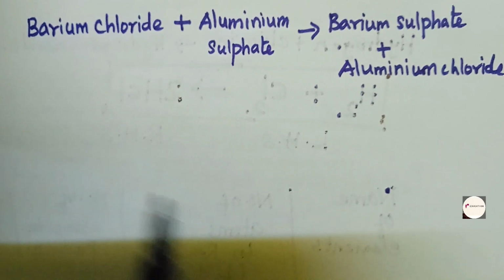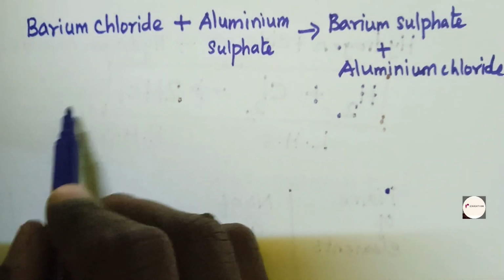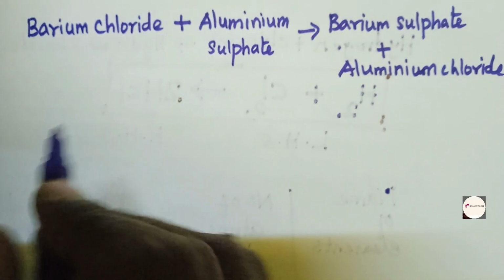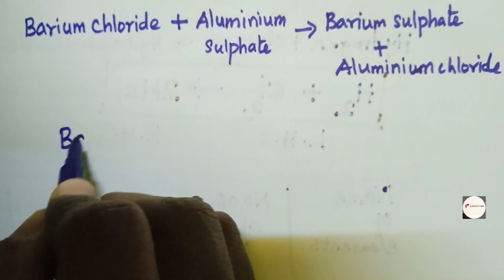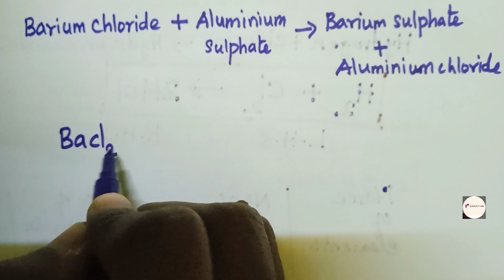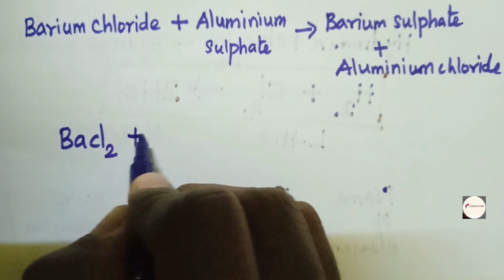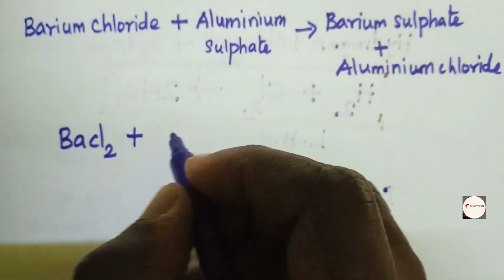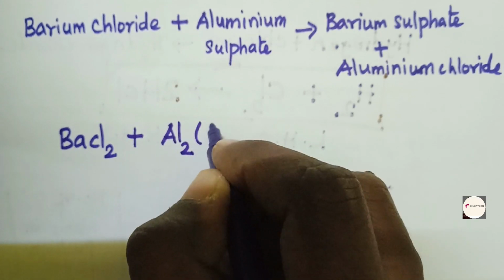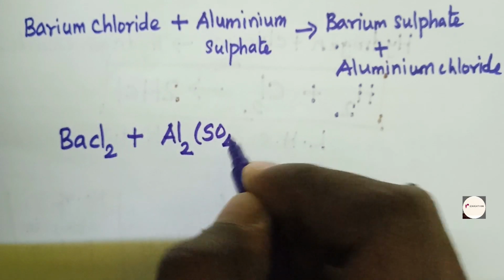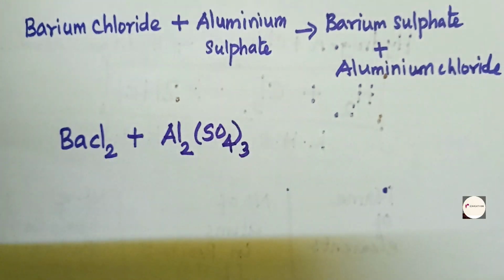Next, for barium chloride, you should know to write the chemical equation. Barium chloride, how will you write? BaCl2, barium chloride with aluminum sulfate. So how will you write? Al2(SO4)3.